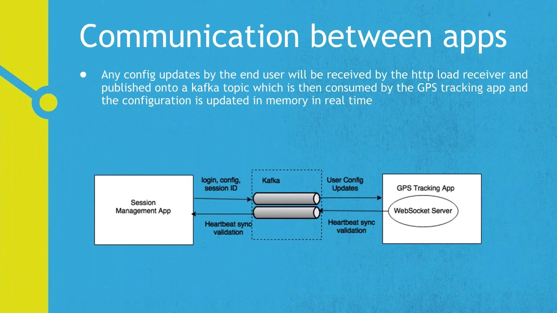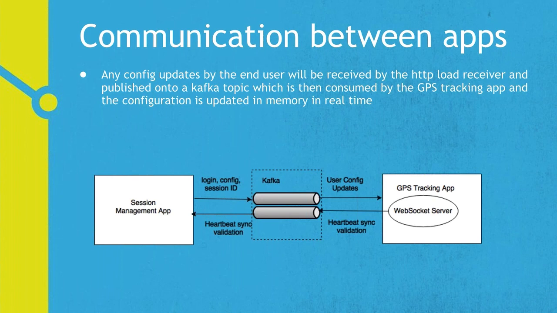There are certain things which we need to communicate between the session management app and the GPS tracking app. For example, when some kind of update happens on the user side which is crucial for device tracking, we use Kafka to relay those updates to the GPS tracking app side.